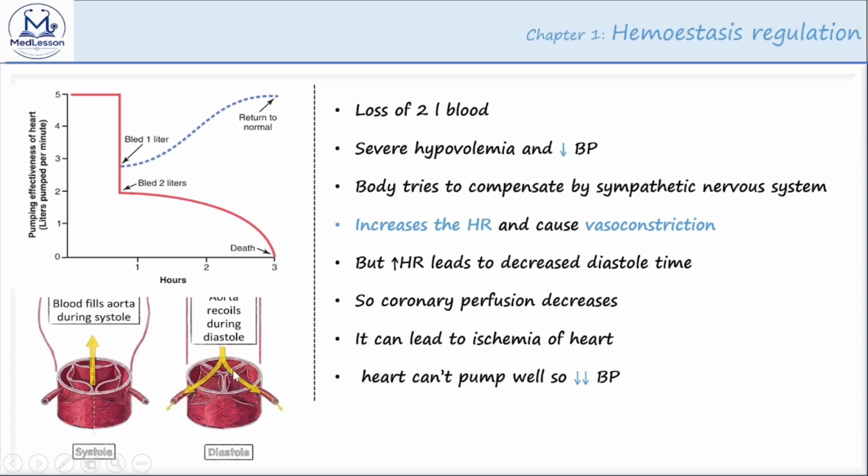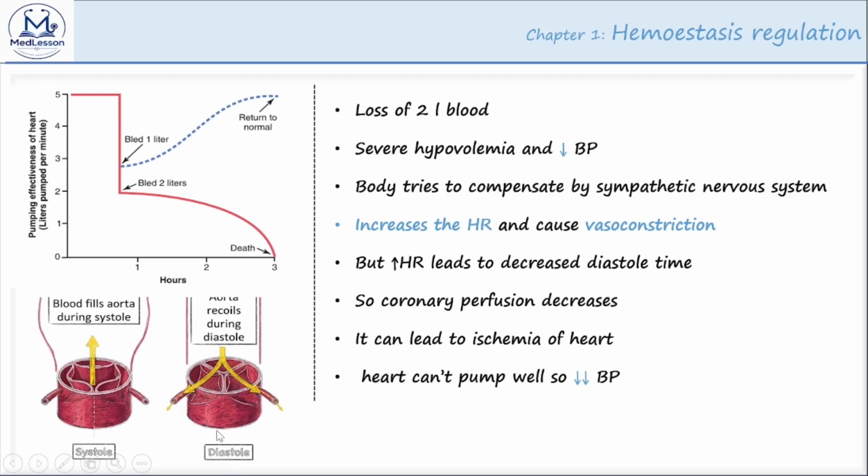But when the heart relaxes, so the blood tend to come back inside the heart. These bloods cannot enter the heart because this aortic valve is closed, but some of them will enter the coronary artery and supply the heart itself. So simply we say that during the systole and diastole phase, all organs are receiving the blood, but the heart itself receives the blood just during the diastole phase.